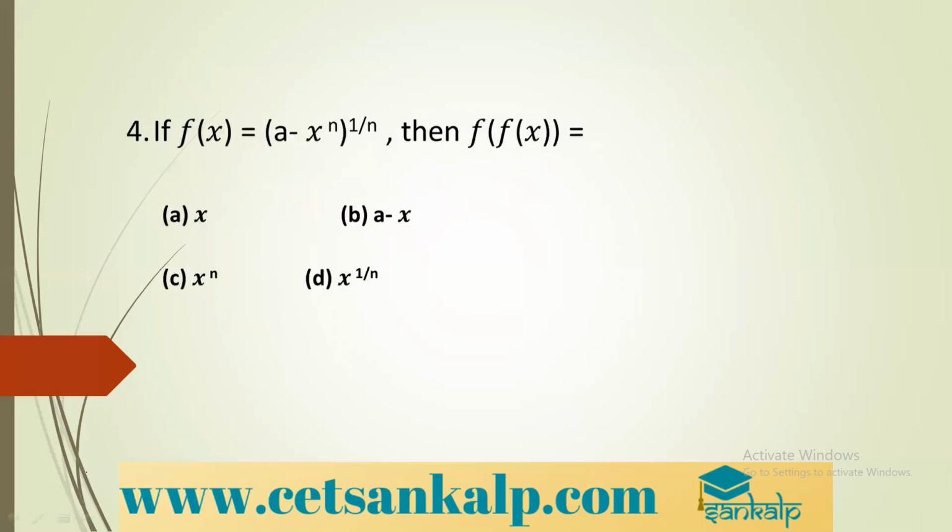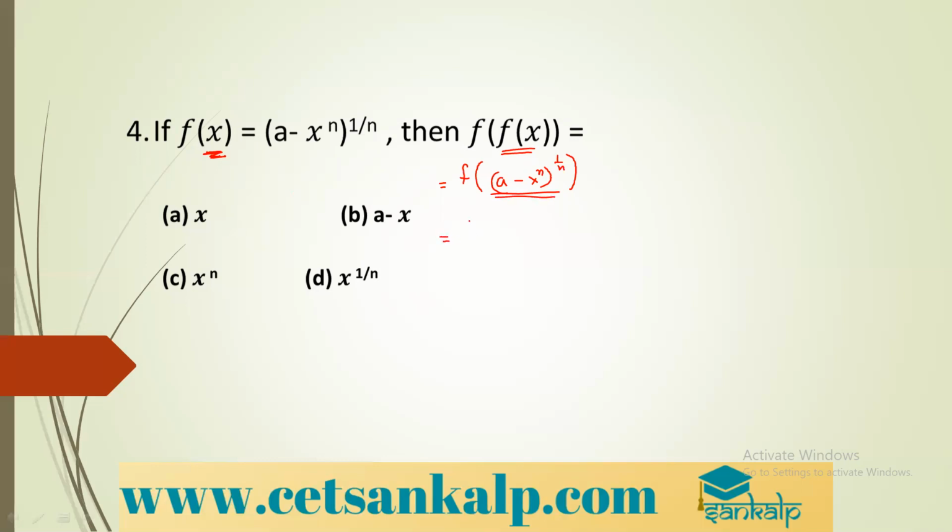Next is fourth question. f of x is given as (a minus x power n) whole power 1 by n. Then you have to find f of f of x. That means in f, you have to substitute f of x. And f of x is (a minus x power n) whole power 1 by n. So, in the function f, in place of x, you will be writing this whole thing.